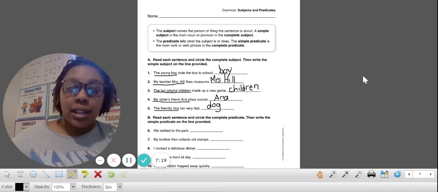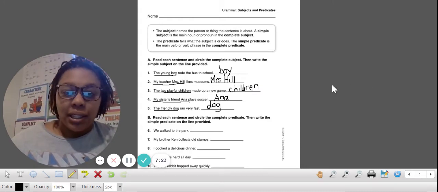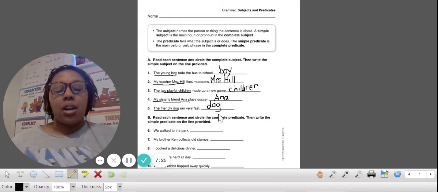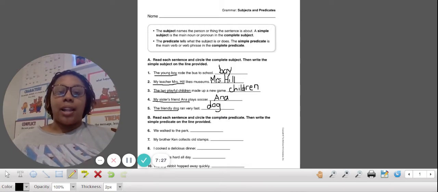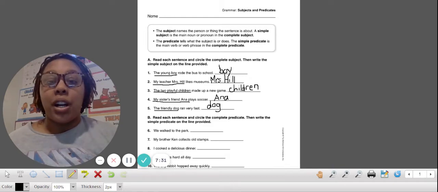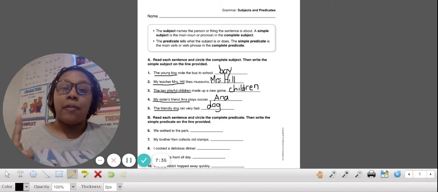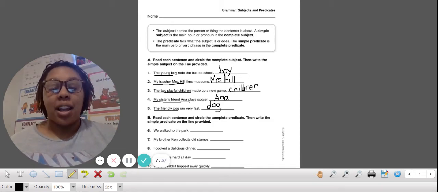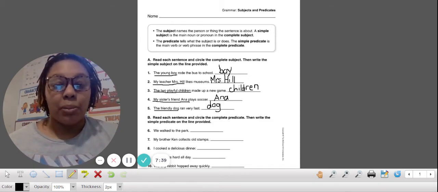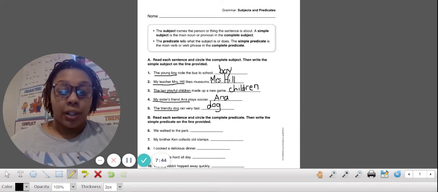So if the sentence is about Mrs. Hill, what is Mrs. Hill doing? If the sentence is about a dog, what is the dog doing? Again, we're going to look at the complete predicate, all of the extra descriptive words, and we're going to look at the simple predicate, just the main verb or verb phrase that tells us the action that the subject is doing.